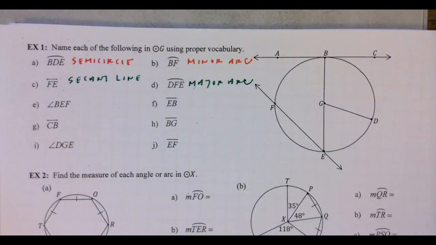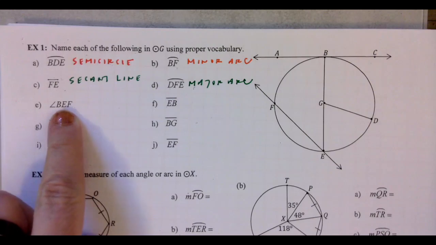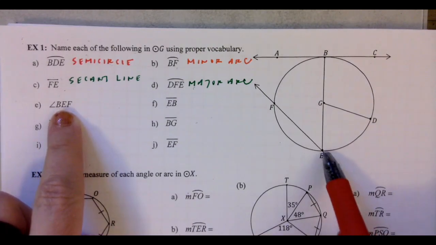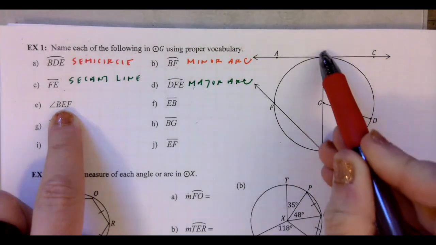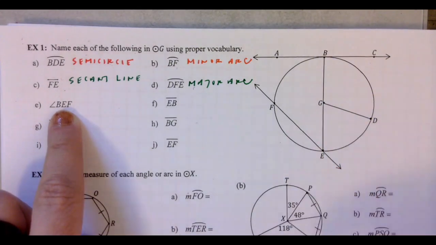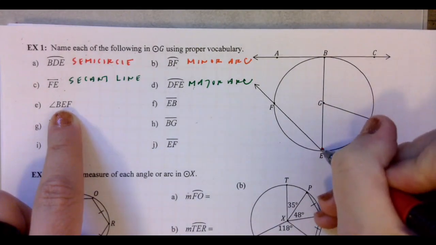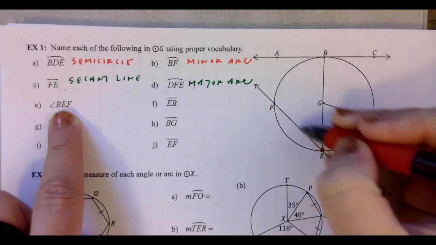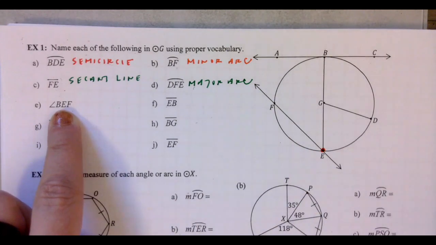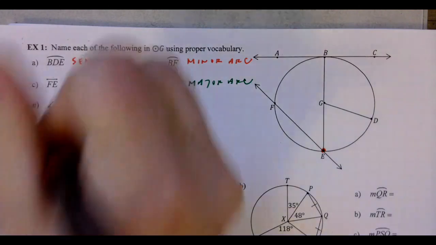Okay, now an angle. Angle BEF. E must be the vertex of it. Here's the E right here. So we're saying BEF. So that vertex here is on the circle. The angle is inside of the circle. So we're calling that an inscribed angle.